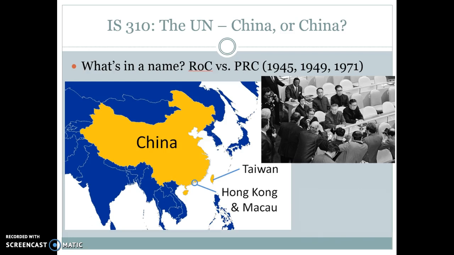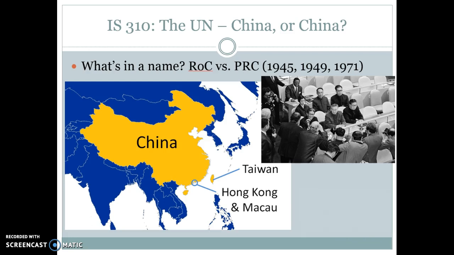And when the Chinese Revolution happened in the late 1940s, in 1949, it really presented an interesting challenge because, as you know, China had a permanent seat on the Security Council, has a permanent seat on the Security Council. Officially, the Chinese government was registered with the UN as the Republic of China.